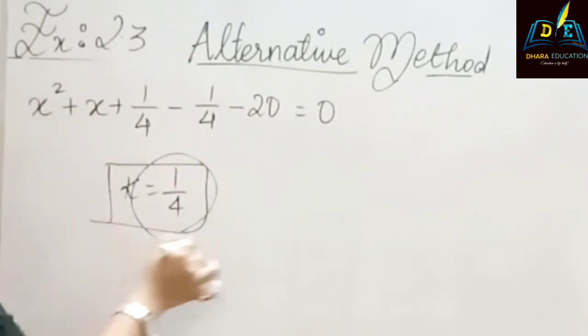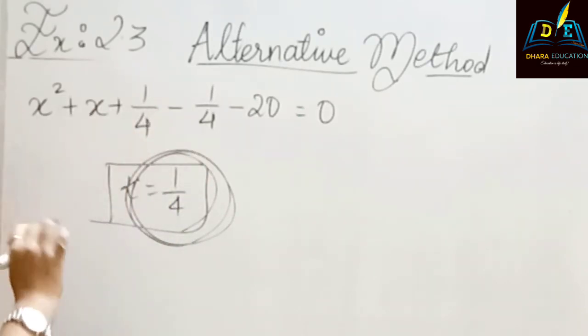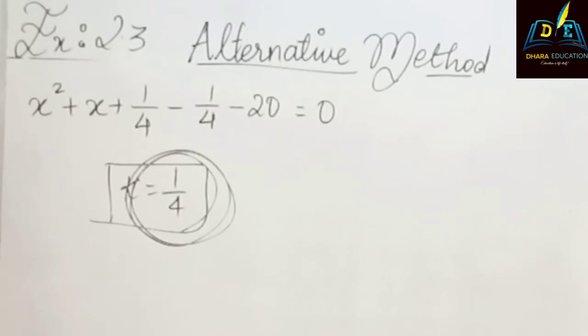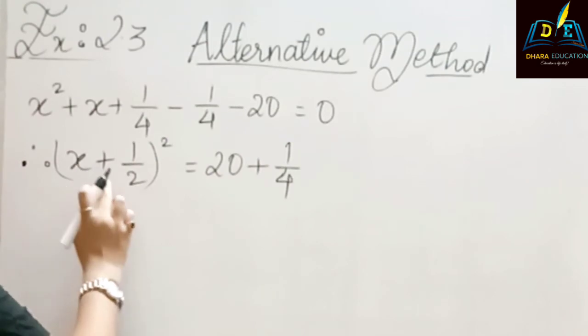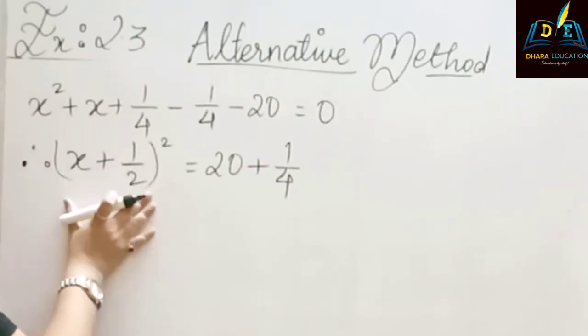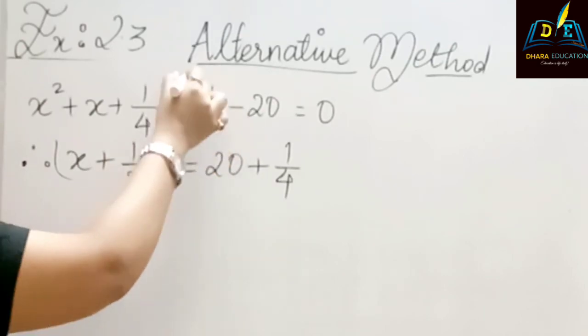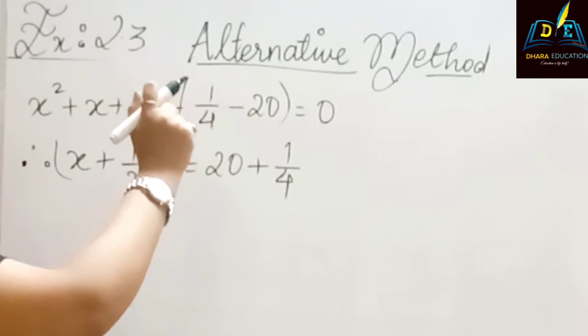So we will add and subtract this 1 upon 4 on the left hand side, and after that we do the same as we did earlier. Now this is the step: x plus 1 upon 2 the whole square equals 20, and I have sent the other term to the right hand side, that is RHS.